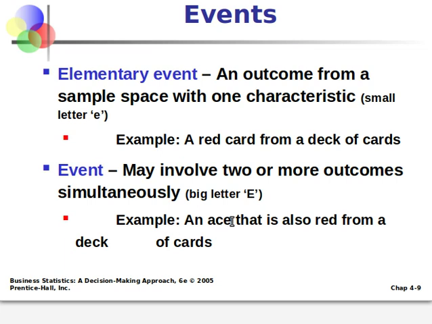This is not just a red card; its event has two conditions. The card must be red, and at the same time it must be an ace. There are 2 events, the color and whether it is an ace or not.